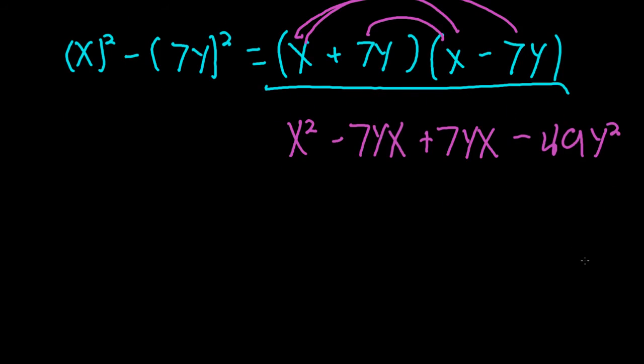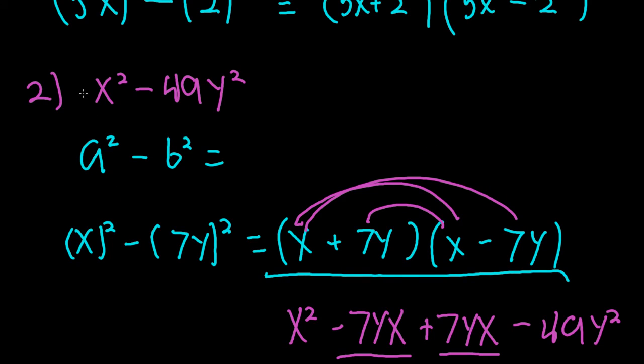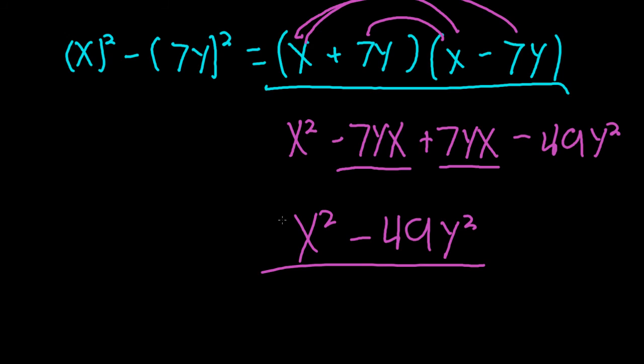My two middle terms, negative 7yx plus 7yx, cancel out and I get x squared minus 49y squared. So I have checked and I do indeed get my original equation, x squared minus 49y squared.